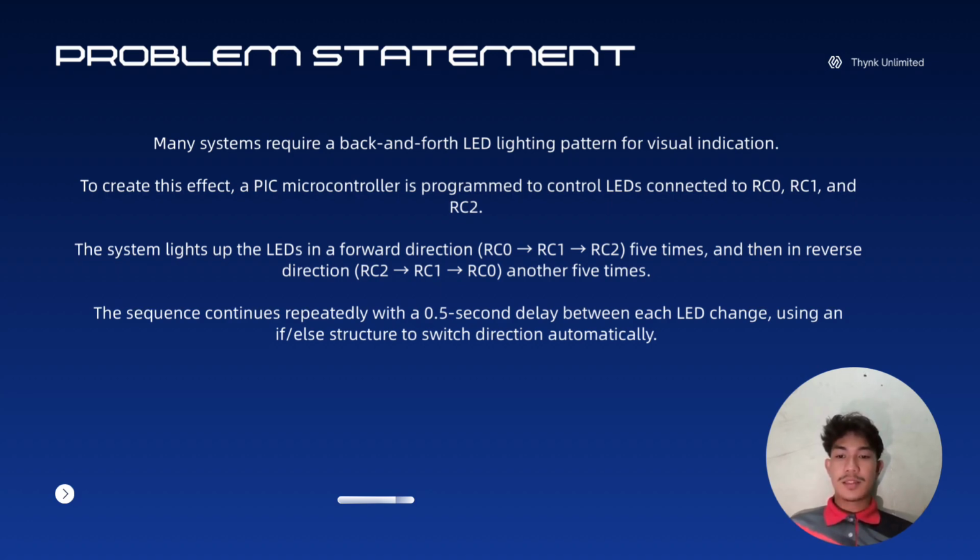The system lights up the LEDs in a forward direction, that is from RC0 to RC1 and lastly to RC2, for 5 times, and then in reverse direction another 5 times. The sequence continues repeatedly with a 0.5 second delay between each LED change, using an if/else structure to switch direction automatically.